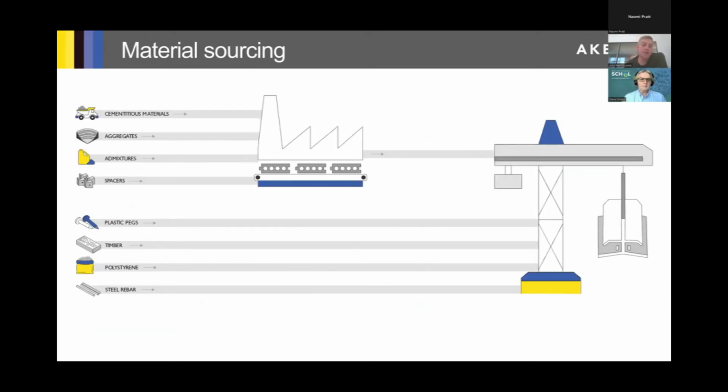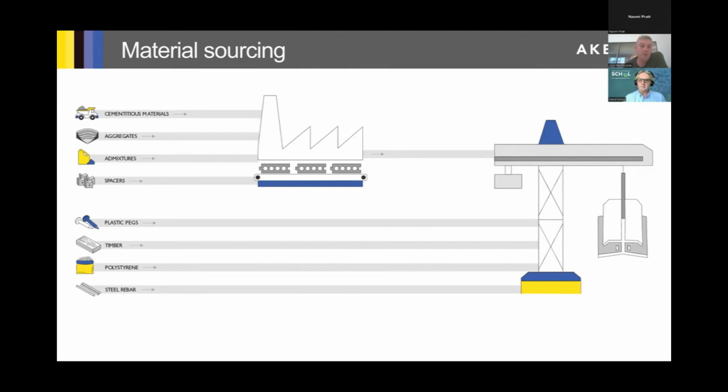Material sourcing. So, one for the specialists and contractors in the room. Not all cements are the same. When we did our research, the biggest variant in carbon was reinforcement.